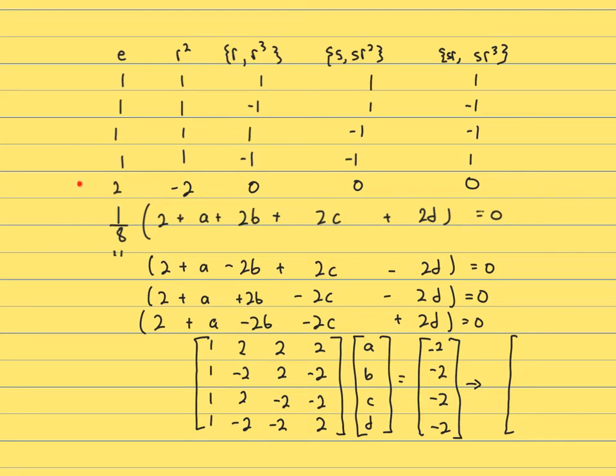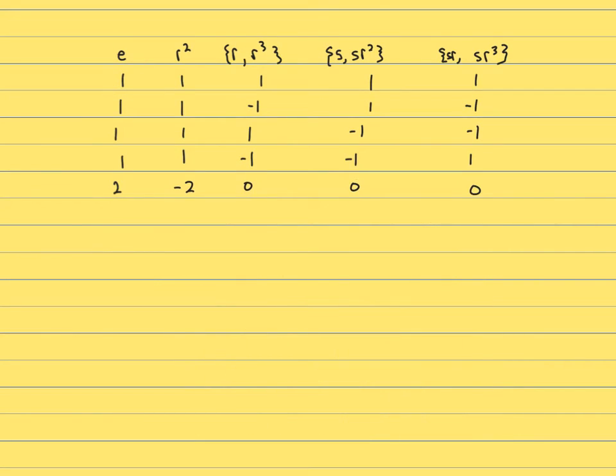So congratulations, we found our 5th character. And so that's 5 linearly independent vectors. That's a basis. And so we now have 5 irreducible representations. And so I'm able to get the character table for D4. Even though I don't know what this representation is yet, I know its character.